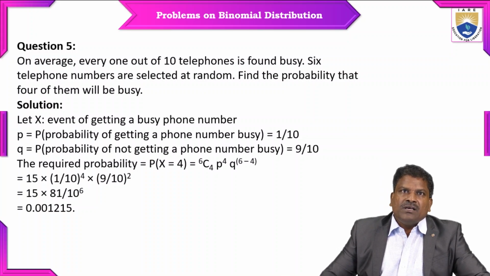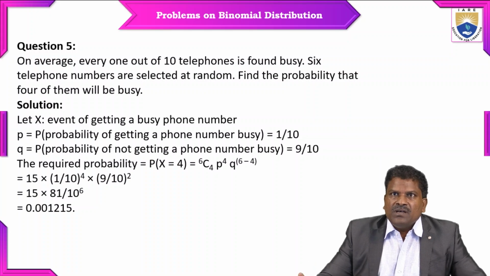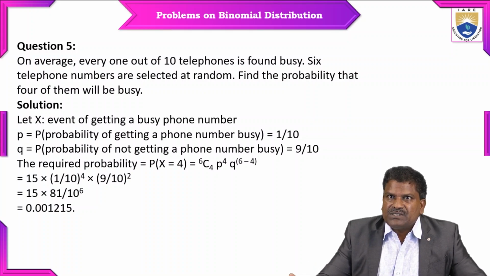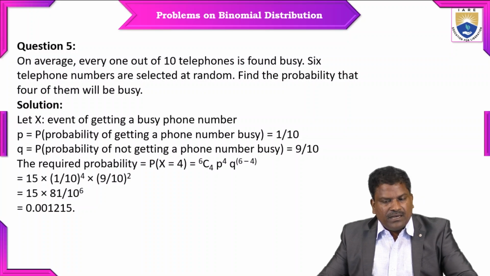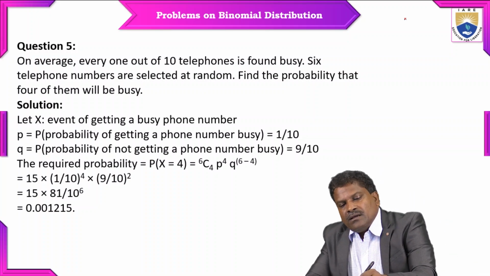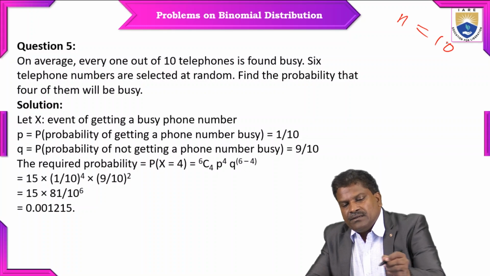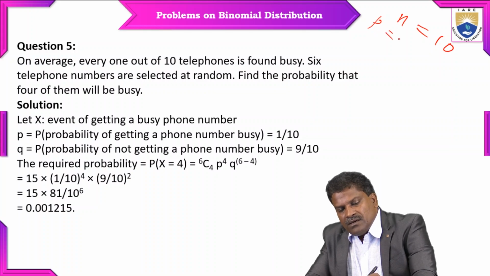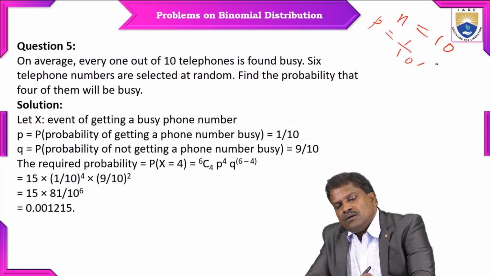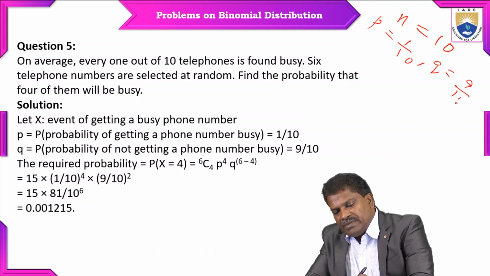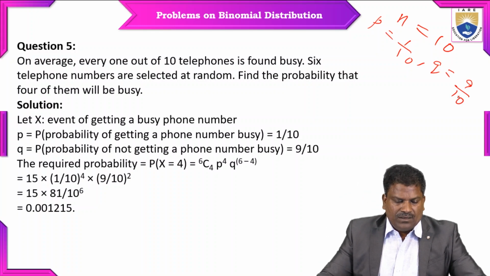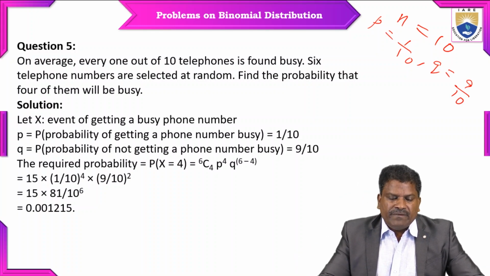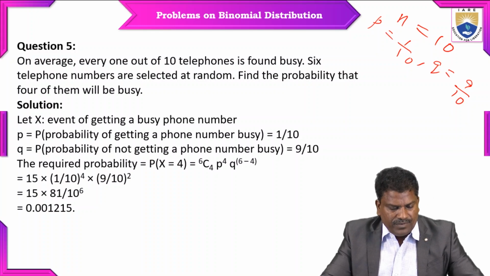It is our P. So Q will become 1 minus P, that is 1 minus 1 by 10, it is 9 by 10. So here the total number of telephones is 10. The probability of getting one telephone busy is 1 by 10. So not busy is 1 minus 1 by 10, it will become 9 by 10. So X is the event of getting a busy phone number.